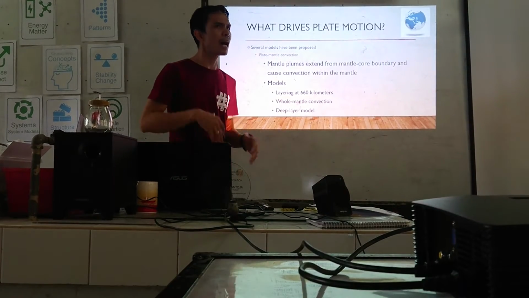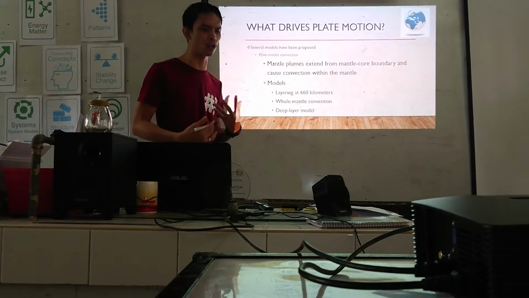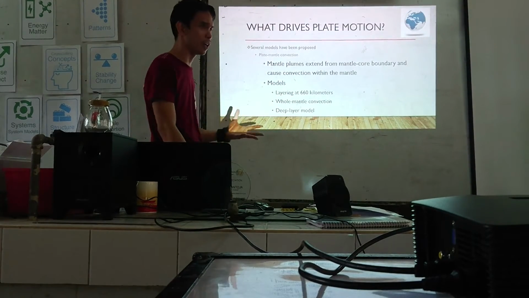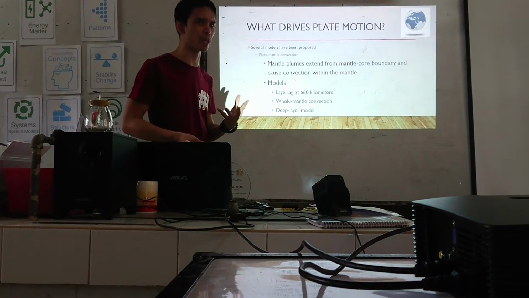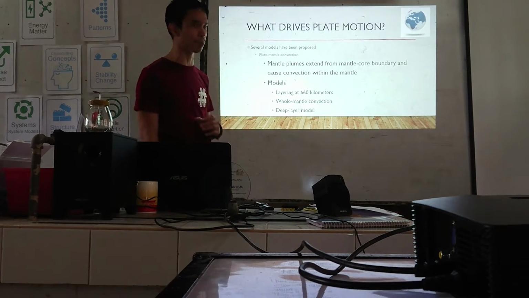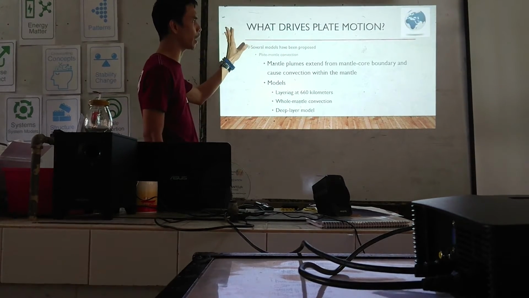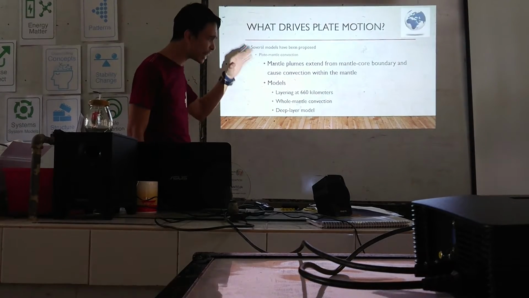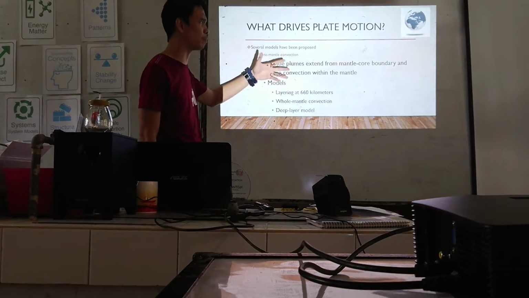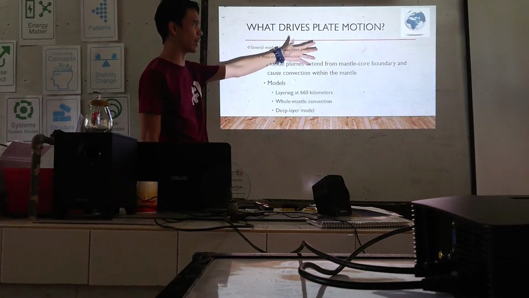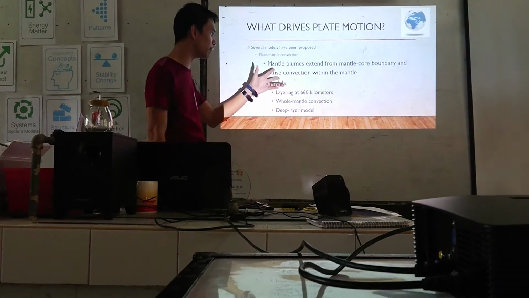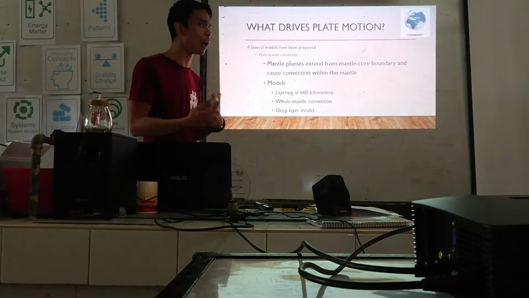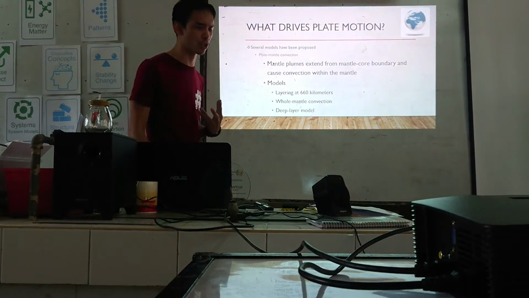Basically, what the convection cycle looks like under the Earth, or what a convection cycle looks like under different layers of the Earth. In this topic, it will explain how a mantle plume is able to extend from the core-mantle boundary, and these mantle plumes somehow cause this convection movement.